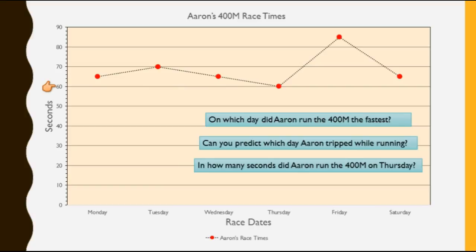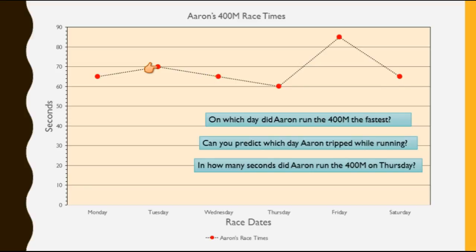Okay, so you can see how we are starting to really analyze these graphs and ask really good questions about the data. We're not just making it and then walking away. We want to really try to figure out patterns and see if he's getting better. So you can see here, he has scored 65 on 3 different days.